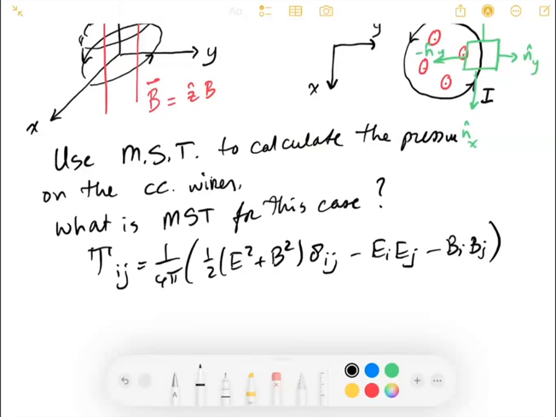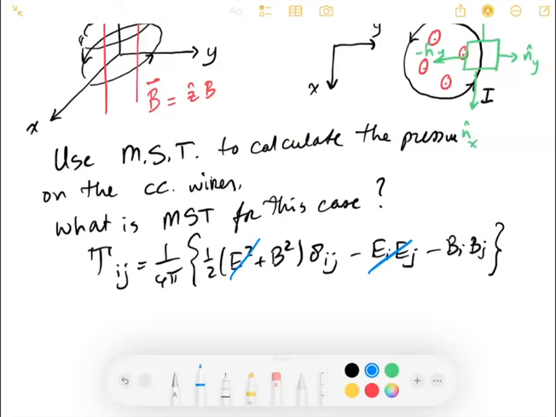Okay, that's the stress tensor. I usually like drawing this in curly braces. Okay, in this case, there is no electric field, so that's easy. We throw this one out, and we throw this one out.